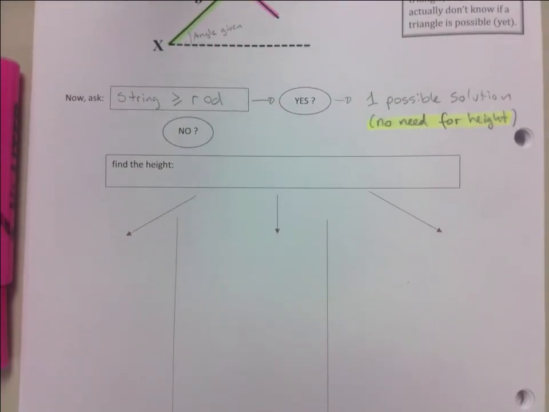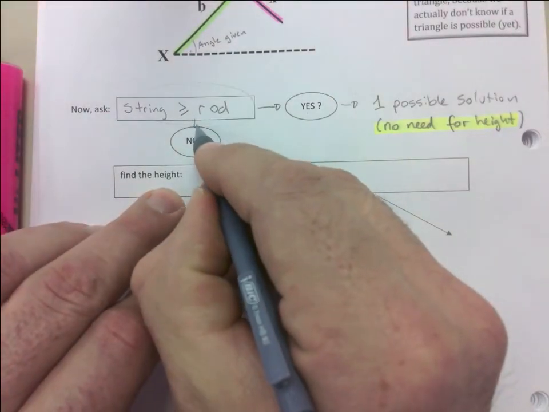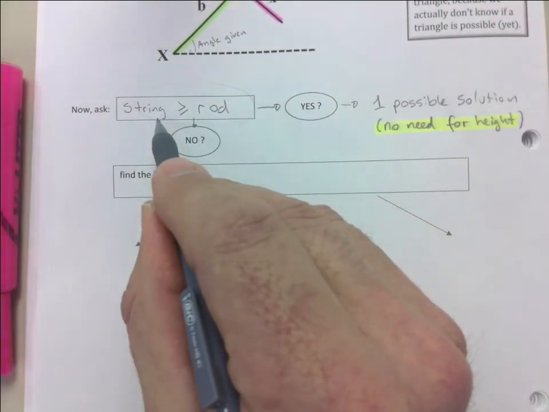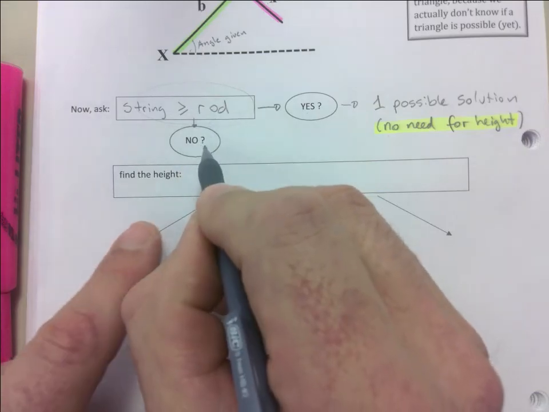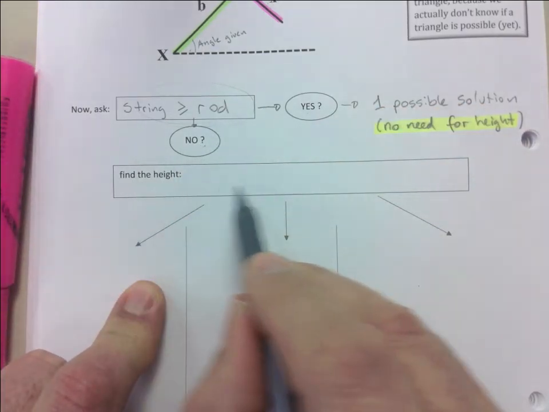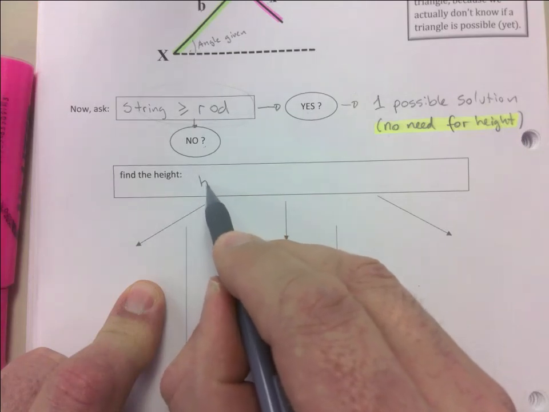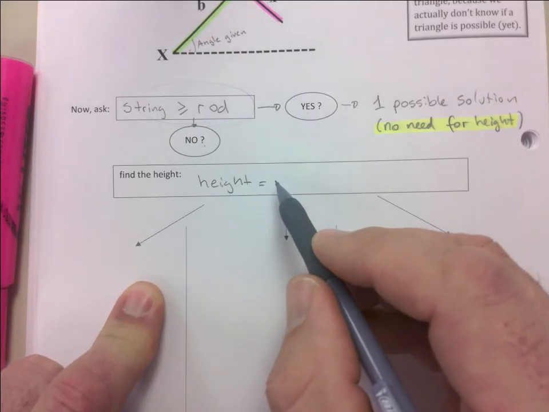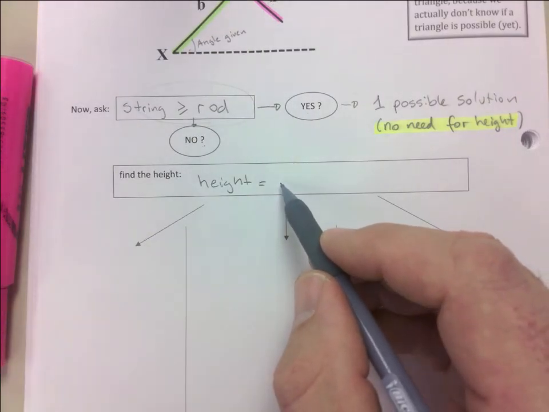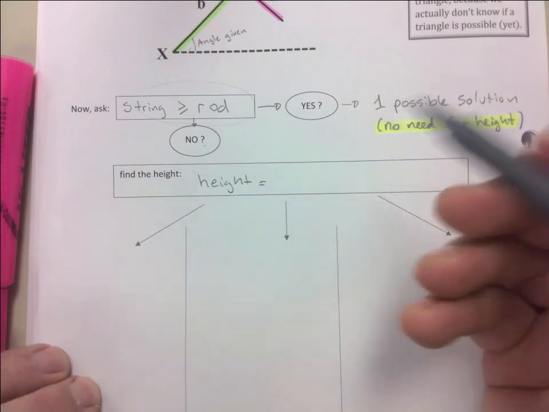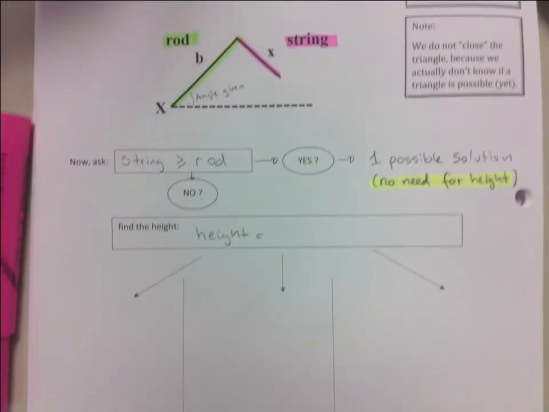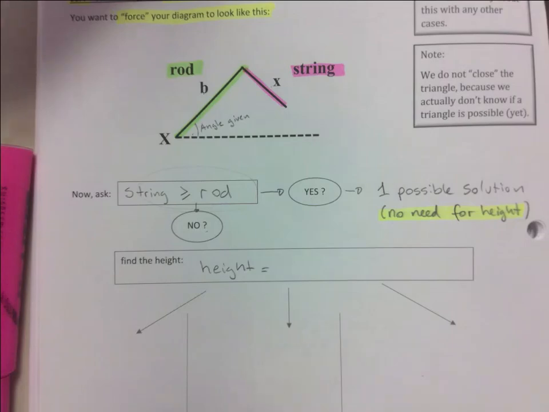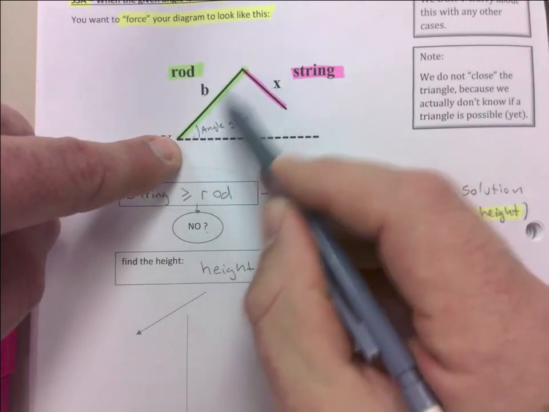However, if the answer is no, if you know that the string is shorter than the rod, then you have to find the height. So how do we find the height? We go slant times sine of the angle, correct? What is our slant in this case? Which one is touching the angle?